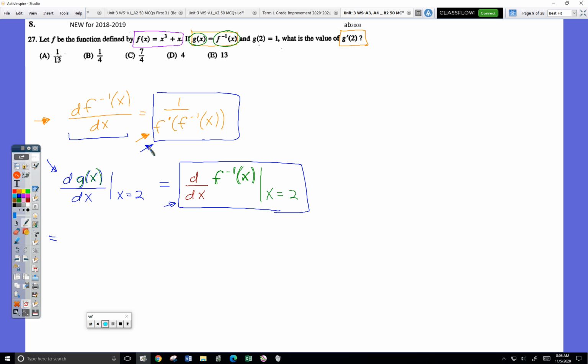So in place of d over dx of f inverse, I'm going to put 1 over f prime of f inverse, but I'm doing it when x equals 2, so I can put a 2 in right there. Questions?